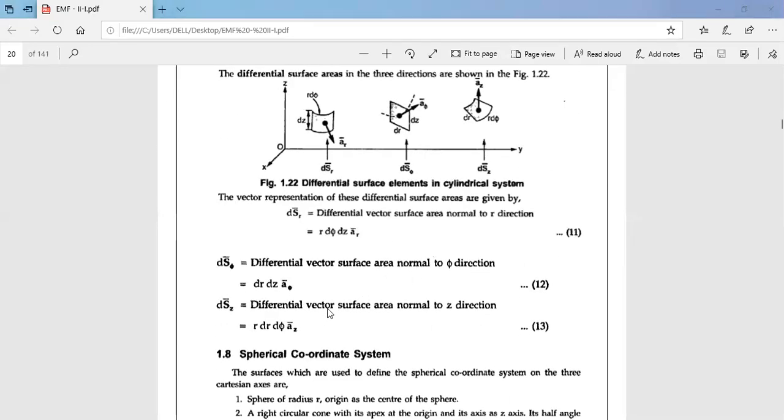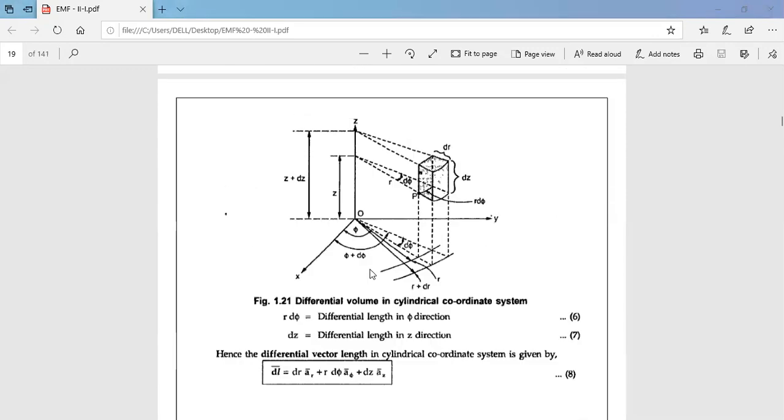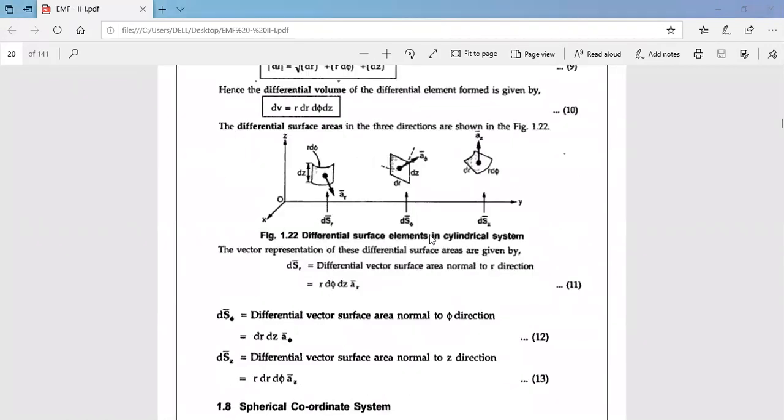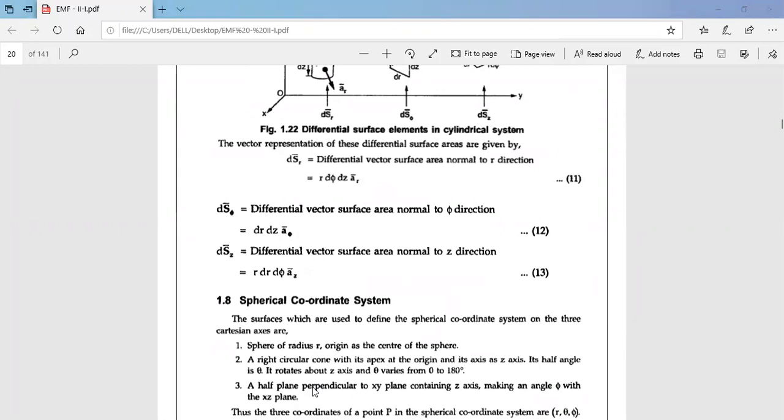This one right here, the inner one for this out here, would be r d phi dz in the aR.